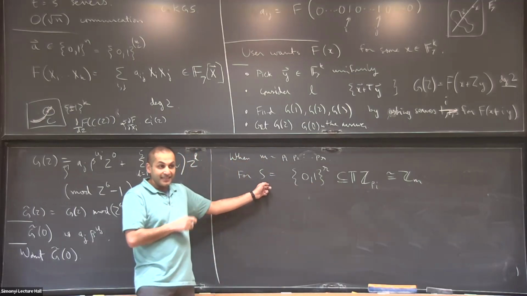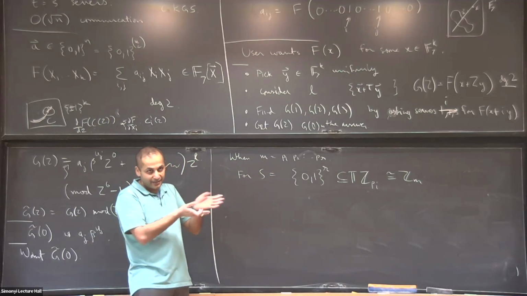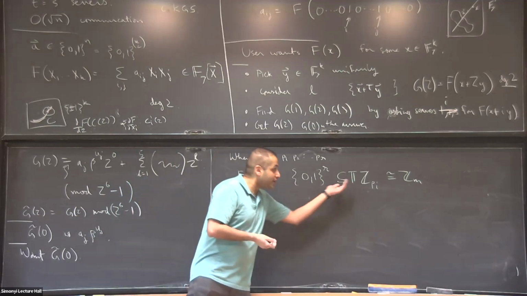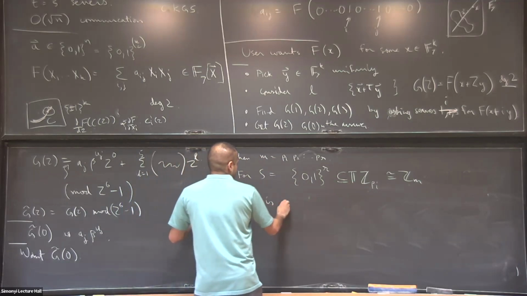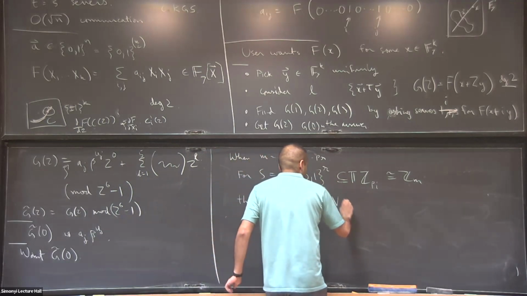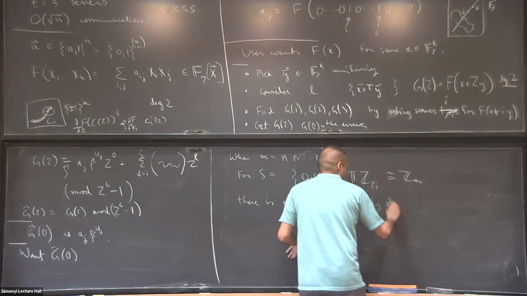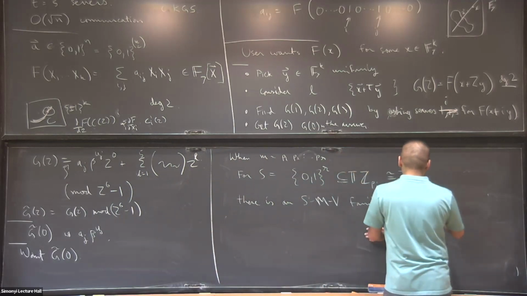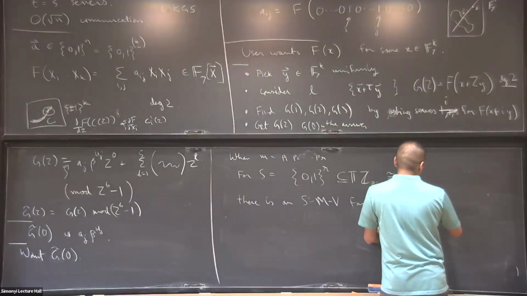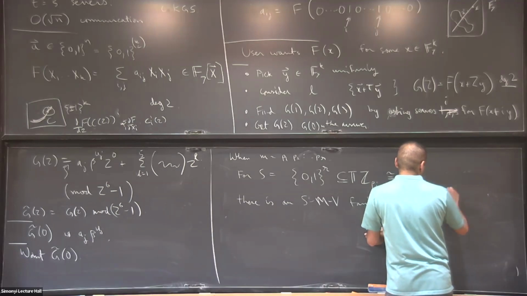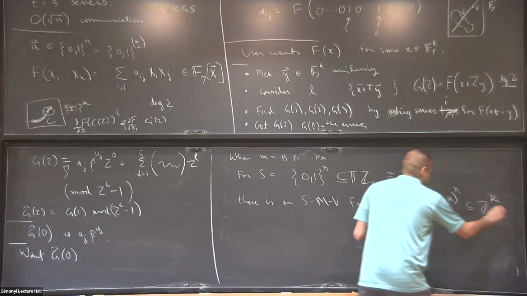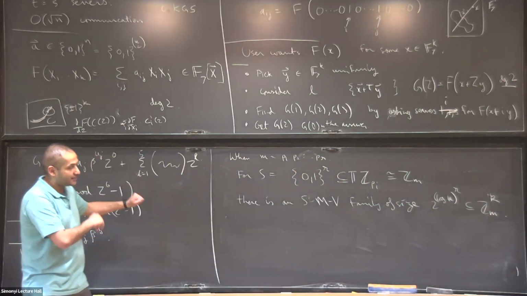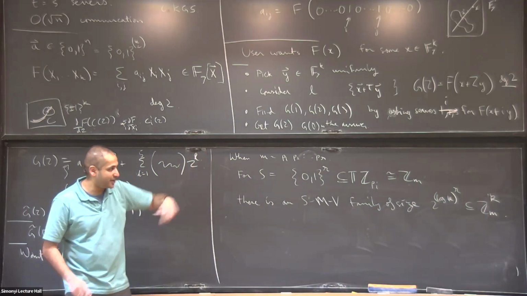And we take that set S. It is a set of size 2 to the R. It is the set of those elements which, when you reduce mod the different primes, give you only zeros and ones. For that set S, there is an S matching vector family of size 2 to the (log K over log log K) to the R, sitting inside Z_M to the V. This is what Grolmusz and BBR etc. actually prove.